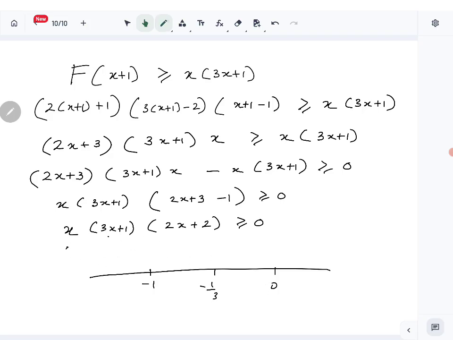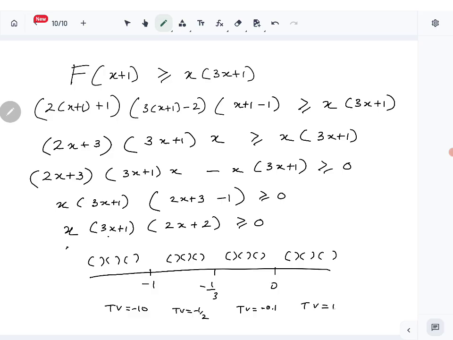So now in each interval I have to check the sign of the expression. So let's check that using test values. In the first interval I will take test value to be minus 10. This one I will take minus half. This one I will take minus 0.1. And this value I will take 10, right?